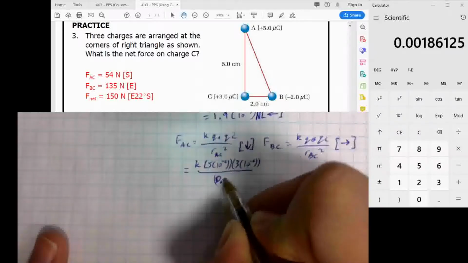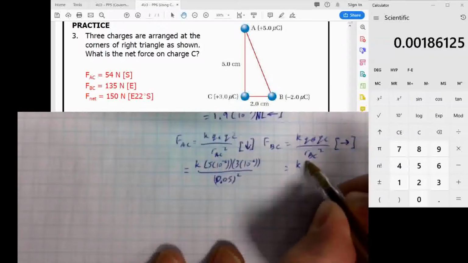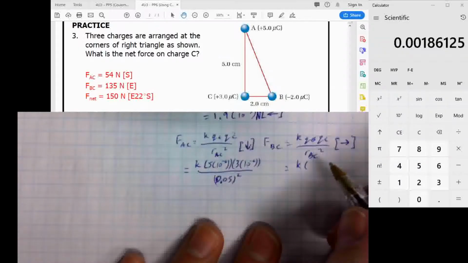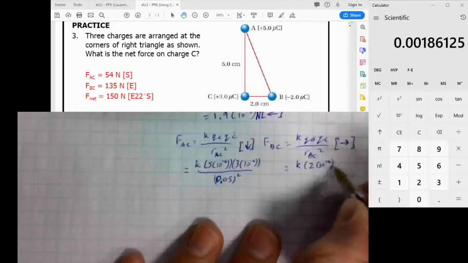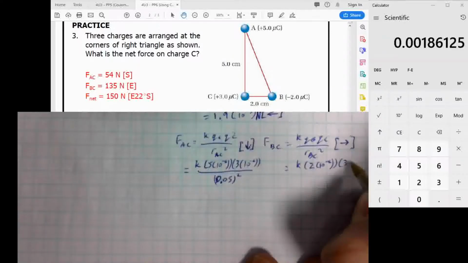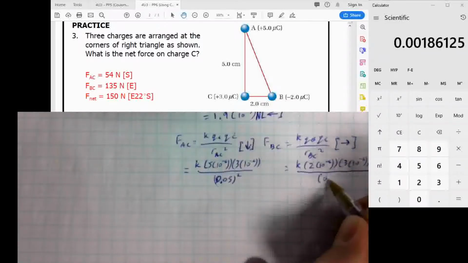Sorry, 0.05 squared. Here I've got K. I'm not going to write down K again just because it makes it easier. QB is 2. I'm not writing negative 2, just 2. I'm taking just the magnitude. QC is 3. And this is over 2 centimeters.